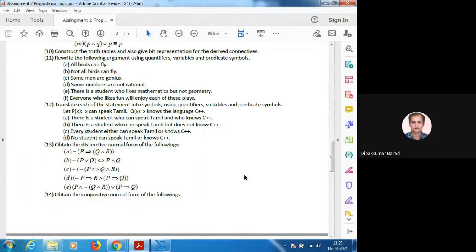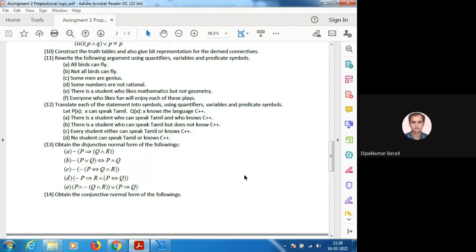Now the second thing you have to do: if you have a negation before the sum or product of any terms, like negation of P and Q, then you can apply De Morgan's law.